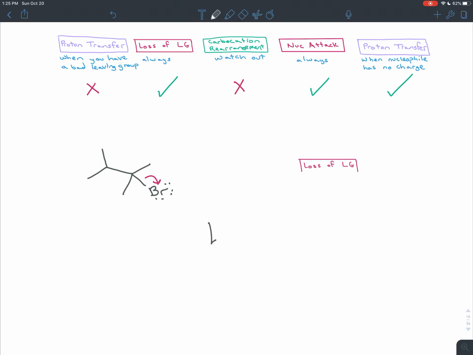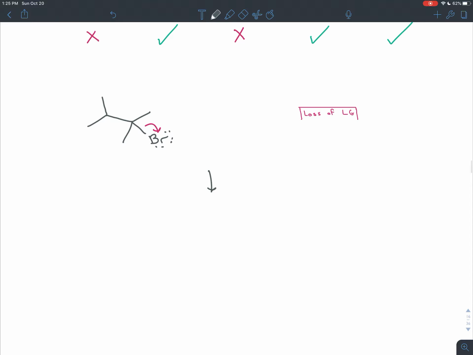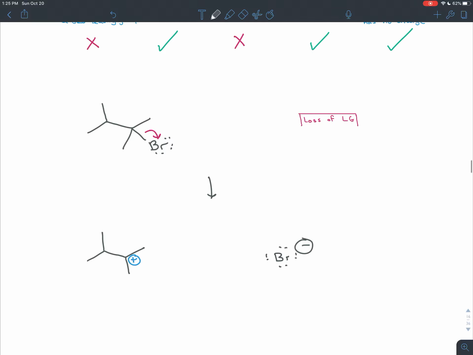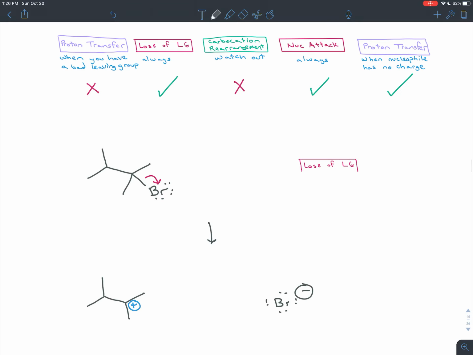Now that bromine already has 3 lone pairs, so when it pops off of the molecule, it will leave a carbocation behind, and you'll have that bromine now floating around in solution, and we'll only consider it again if it affects the carbon ring whose story we're following.